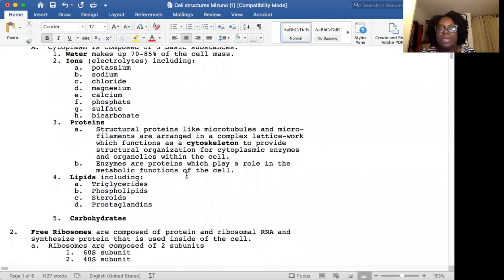Enzymes are proteins that play a role in the metabolic functions of the cell. From what I know about enzymes, they catalyze, they help to speed up chemical reactions. They lower the activation energy that is required.